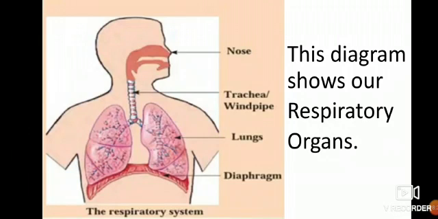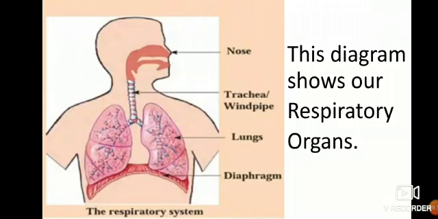So if you see in this, we inhale the air, that is oxygen, from the nose. Then can you see the windpipe? Trachea is also known as windpipe. So the trachea, what happens?